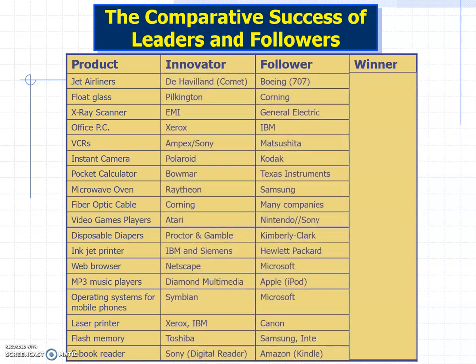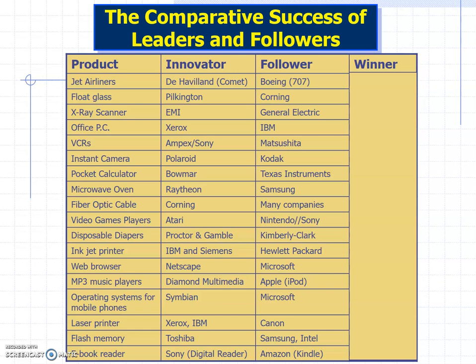But if we look, for example, in jet airliners, de Havilland was the innovator. The follower was Boeing. Who won that battle? Obviously Boeing. In float glass, we talked about this example, remember Pilkington was the innovator and the follower was Corning, and in that one, Pilkington won.